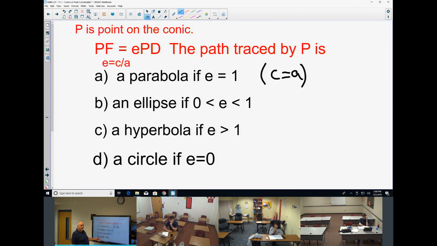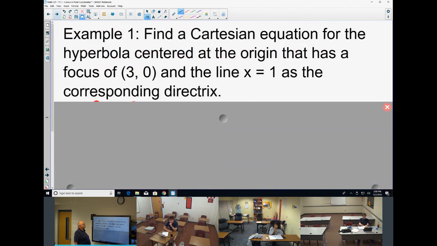We can just leave it in polar form and say, oh, look, that's an ellipse. Okay?